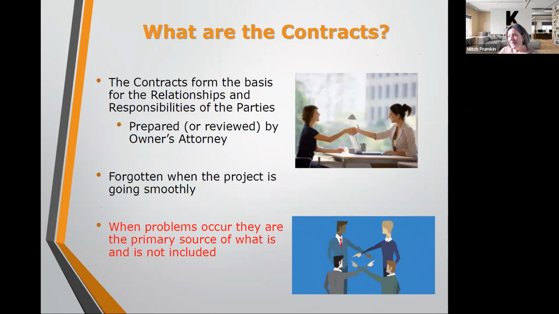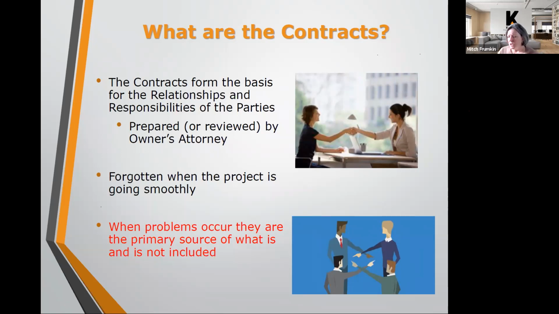And this is very true. The problems arise when there's something that's not included in the contract. When things are included in the contract, it's very clear, and that's why you want the contract in place. And oftentimes projects go so smoothly that you're not referring to every portion of the contract all the time.